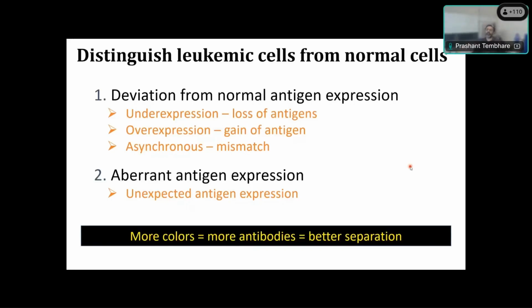Usually the current recommendation is to use at least 10 markers to identify these aberrancies in the tumor cell. So 10 or more than 10, because you have to use these markers not only to identify the deviation or aberrancy, but also to differentiate them from the other normal cells present in your sample.